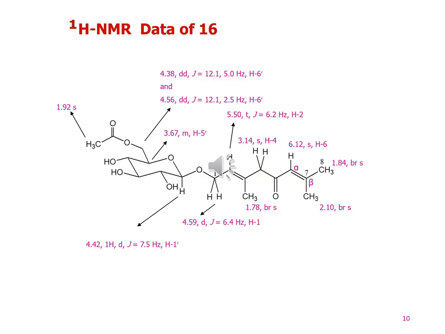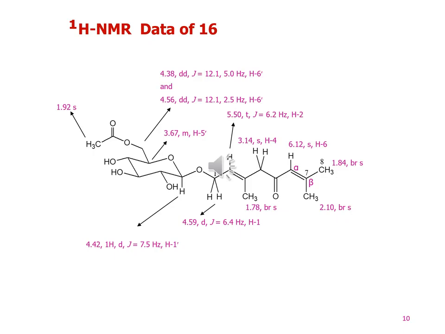An acetyl methyl group at δ 1.92 and further oxymethylene signals at δ 3.8 show a doublet of doublets with J value 12.1, 5.0 Hz for proton 6', and δ 4.56 shows a doublet of doublets, J value 12.1, 2.5 Hz.